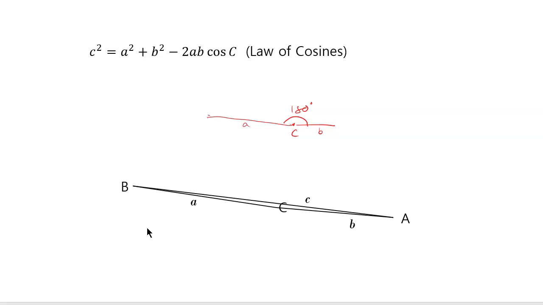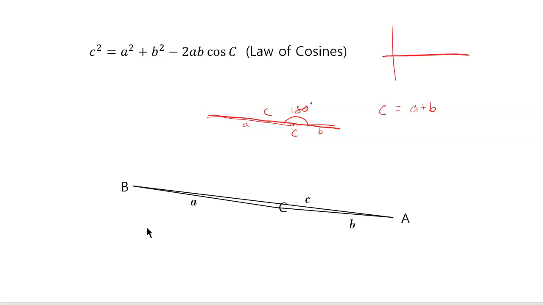Then you get this flat line as c, and the relationship would be c equals a plus b. Now, what does this mean? It means that this cosine law had better give us this relation if the angle C equals 180 degrees.